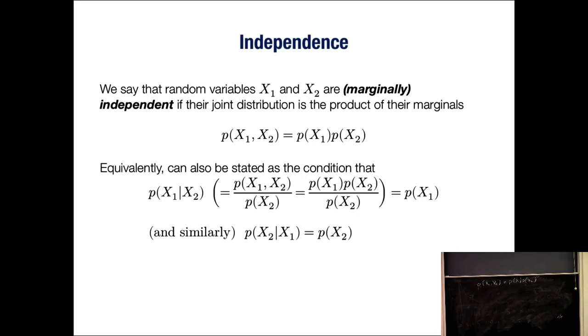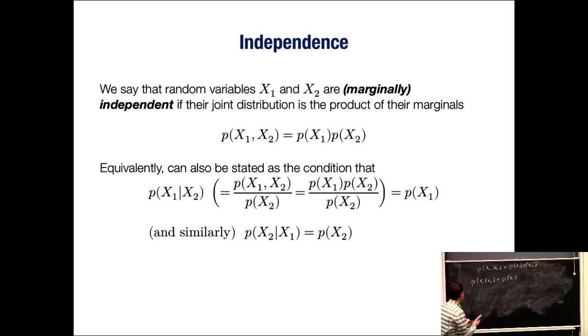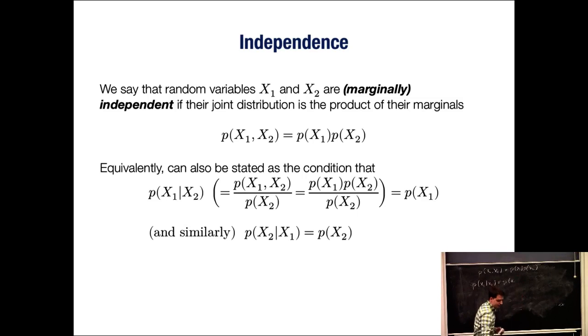Another way to write this is that the probability of x1 given x2 is equal to the probability of x1. By the way, the reason this is the case is that the probability of x1 and x2 over the probability of x2 is the definition of conditional probability.